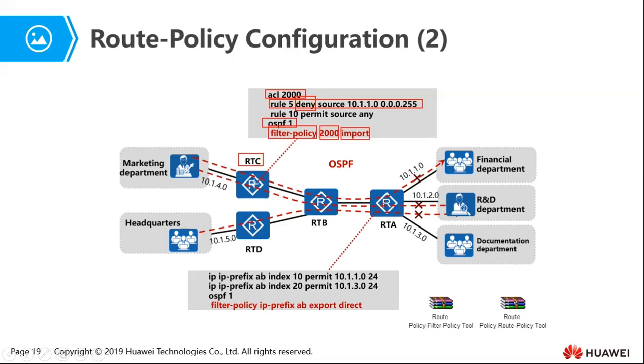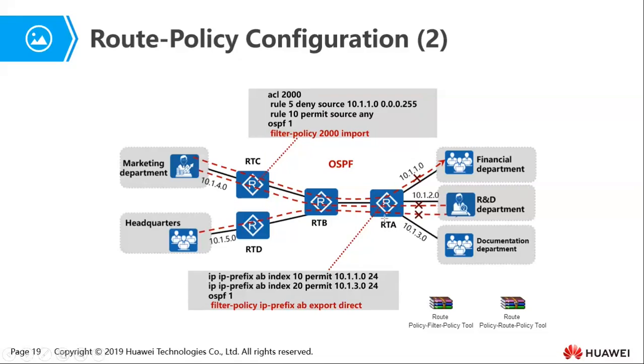So in the routing table of RTC, we are no longer going to see the 10.1.1.0 network. So that's one way in which we can implement the filter policy to stop RTC from learning about the finance department network.